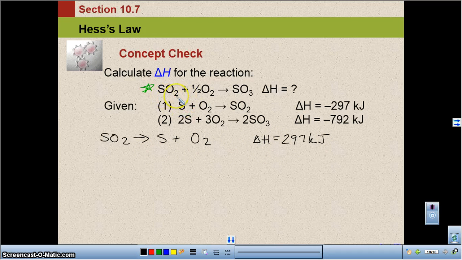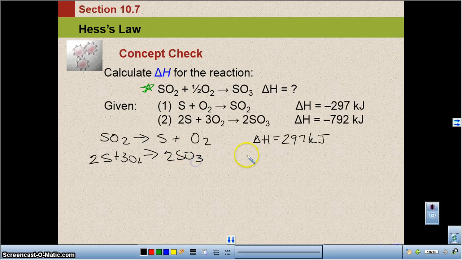Okay, so I have SO2 on the left-hand side. Do I have SO3 on the right-hand side? Well, we sure do. So let's go ahead and just put these next to each other and see what we have. So we have 2S plus 3O2, and we have 2SO3.